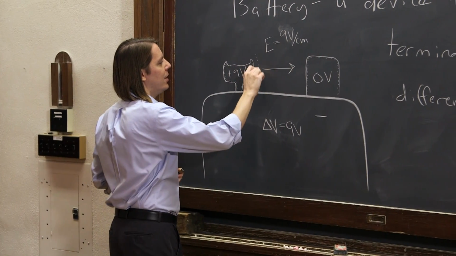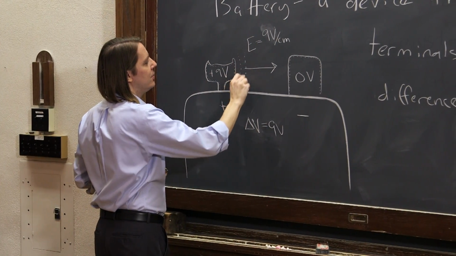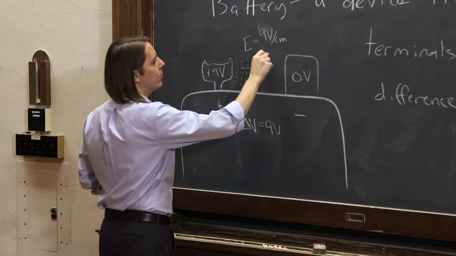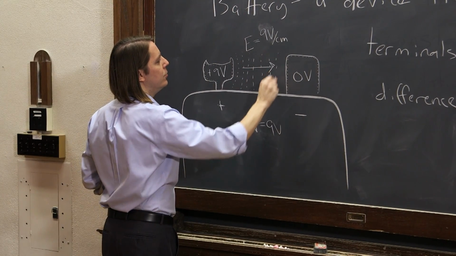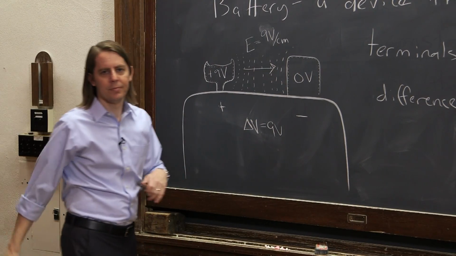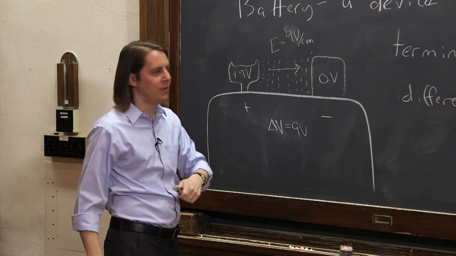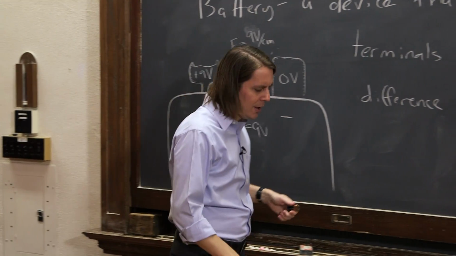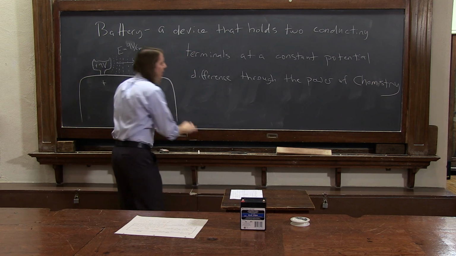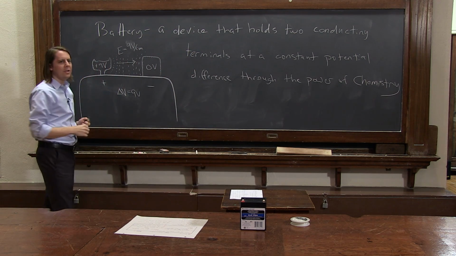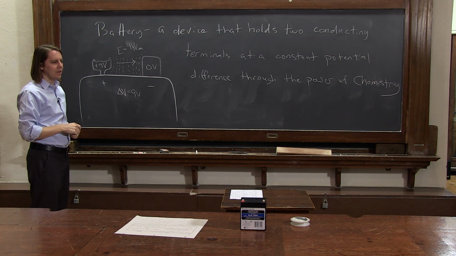So the 8-volt line is probably something like that. 7, 6, 5, 4, 3, 2, and then the 1. So we can actually do field theory inside of a battery if we really want to. That is sort of a law of physics and chemistry, that the chemical reactions in here must hold these at a potential difference of 9 volts.